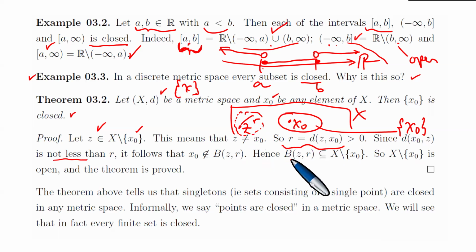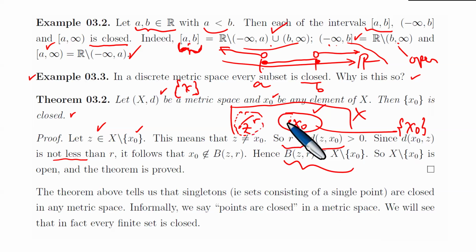Hence, the open ball of center z and radius r is a subset of the complement of this singleton. Because the distance is so big to move from this center to x0, this open ball is in the complement of x0.